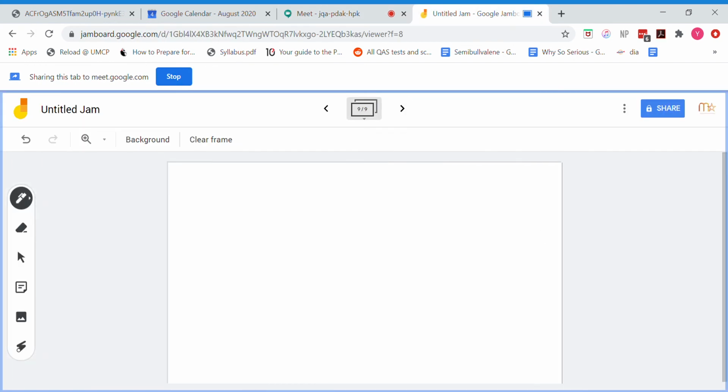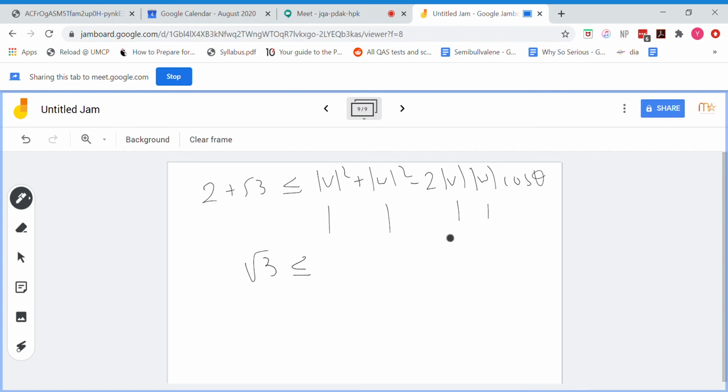Okay, so now let's use this. So we have 2 plus root 3 is at most the magnitude of v squared plus the magnitude of w squared minus 2 times the magnitude of v, magnitude of w, cosine theta, where theta is the angle between v and w, right? And so the magnitude of v squared is 1, w squared is 1, v is 1, and w is 1. Or the magnitudes are 1. So this gives us root 3 should be at most 2 cosine theta.